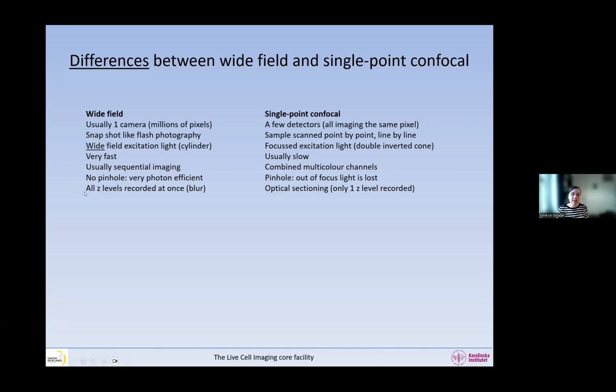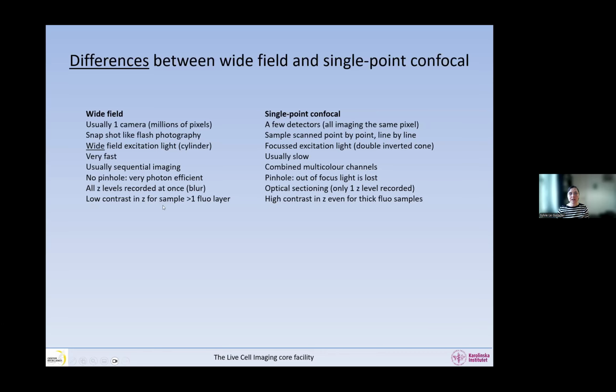So that means that in a wide field system, all the Z levels are recorded at the same time. And if you have a slightly thick sample, it doesn't have to be thick, even if it's just one cell diameter, you will anyway get some blur from the out of focus planes, whereas on the single point confocal, you get optical sectioning. So only one Z level is recorded, and the rest is thrown away.